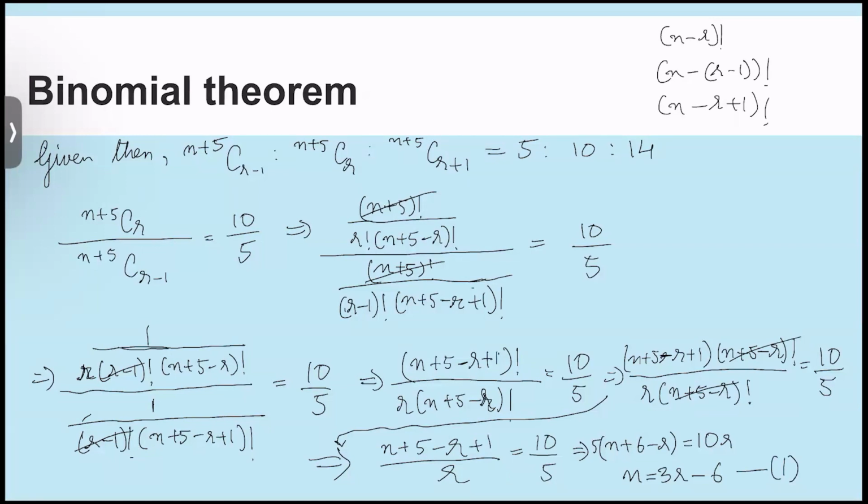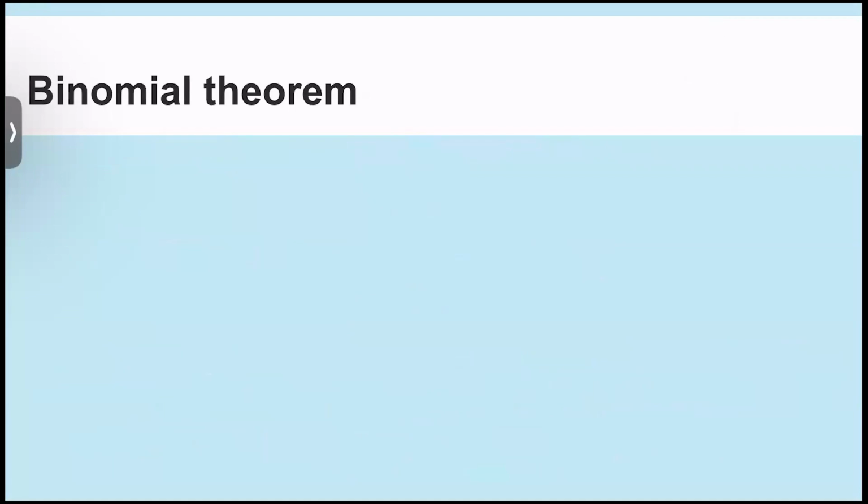Now what we will do is take the second ratio. The second ratio that we have is n plus 5 c r plus 1 upon n plus 5 c r is equal to 14 by 10.